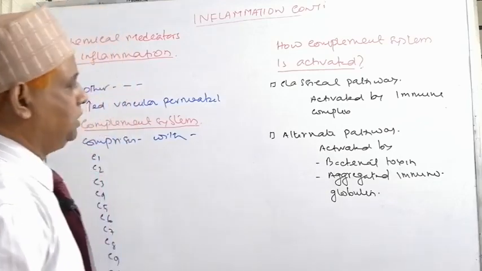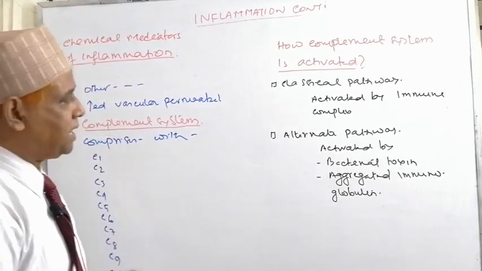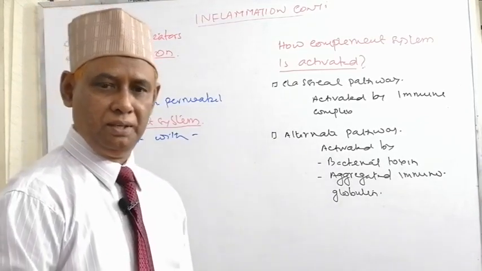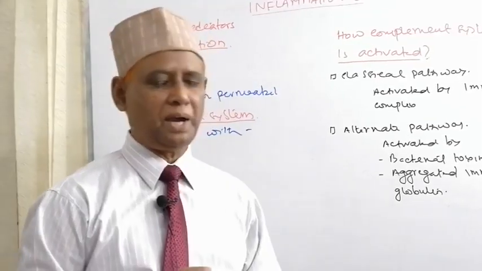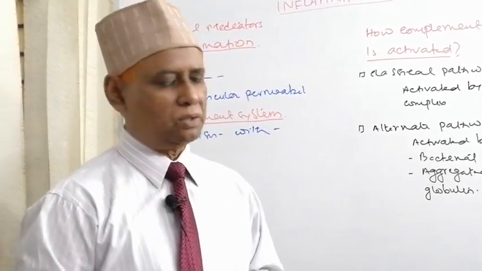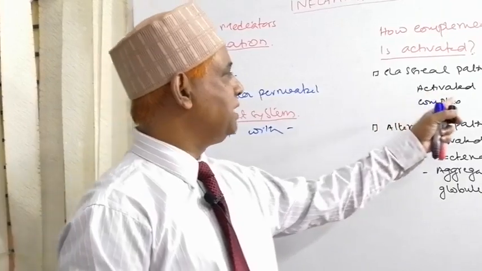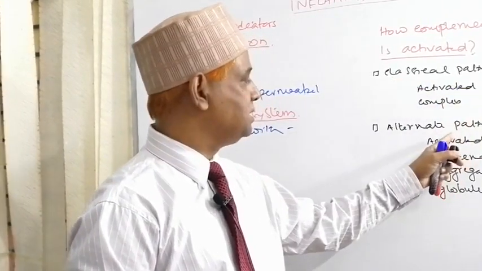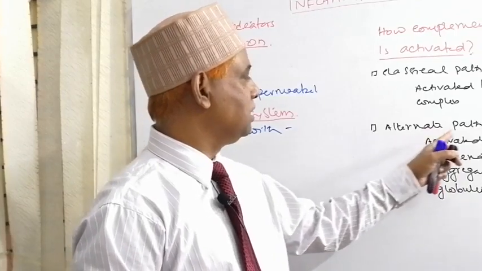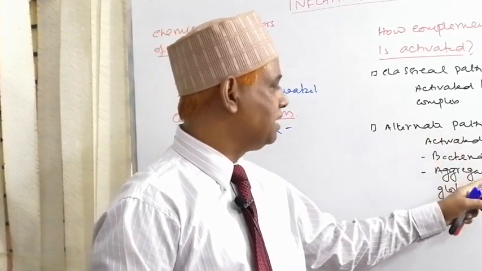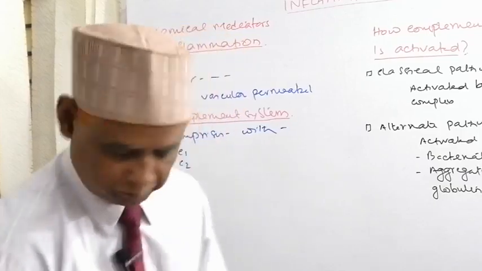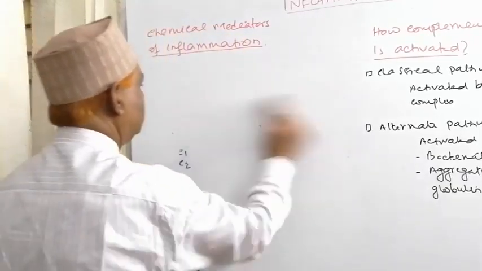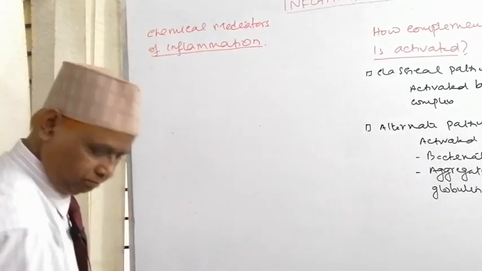Dear audience, you know one of the glomerular diseases, IgA nephropathy. The pathogenesis of IgA glomerular disease is not dependent on classical pathway activation, but that disease is due to alternate pathway activation by aggregated immunoglobulins. Another pathway is lectin pathway.